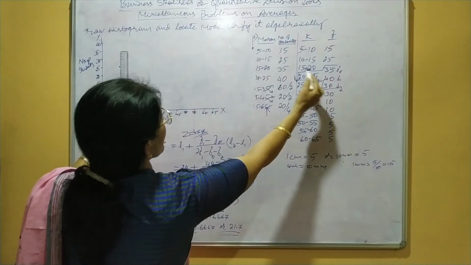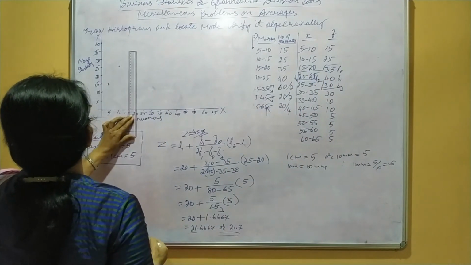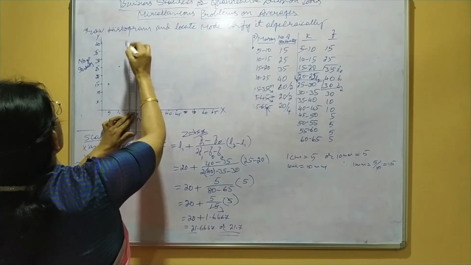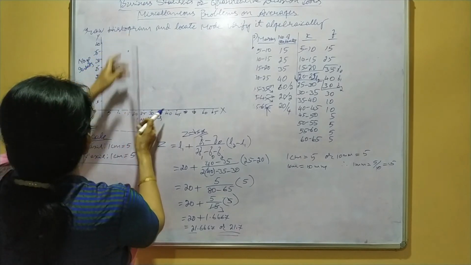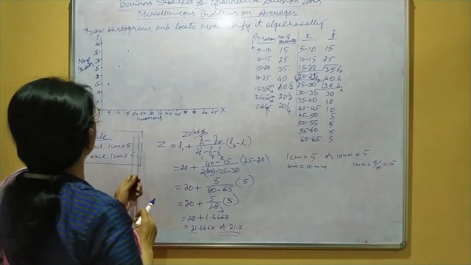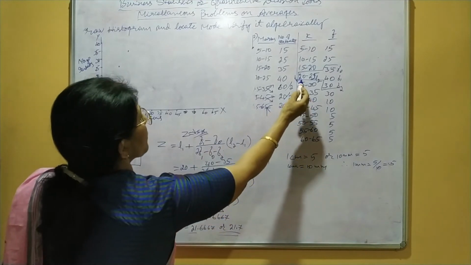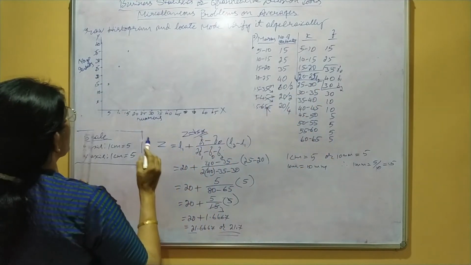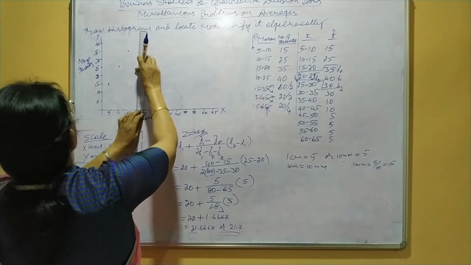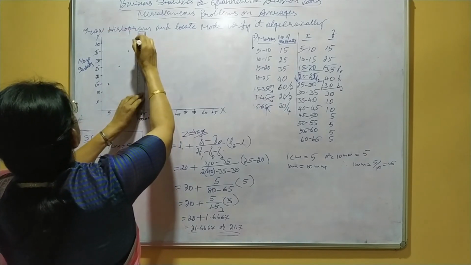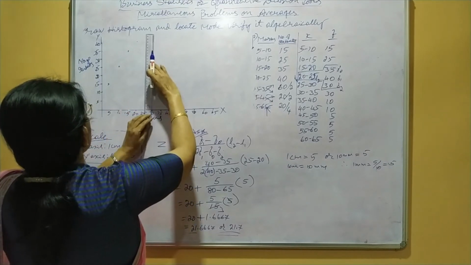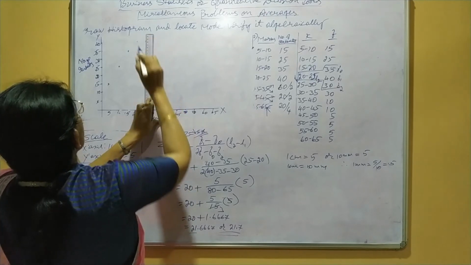Next, 35, corresponding to lower limit 15. Next, 40, the highest frequency, corresponding to both the limits, 20 and 25, the lower limit 20 and the upper limit 25.